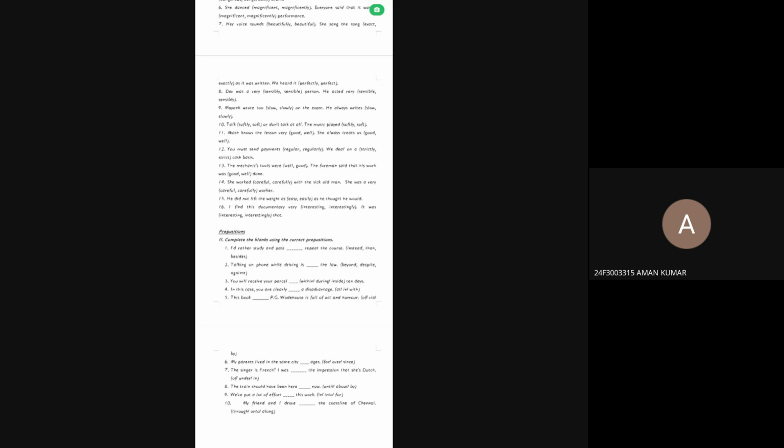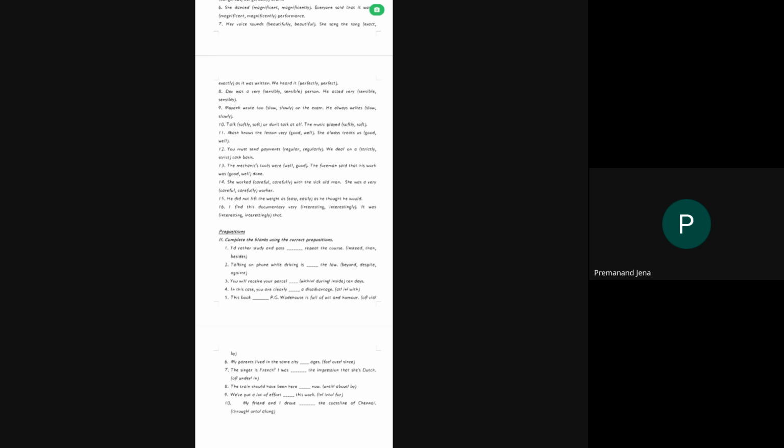Thirteenth one: the mechanic's tools were good. Good, not well, because you're qualifying the noun here, the mechanic's tools. Although well can be used as an adjective, in this context you don't say the tools are well.